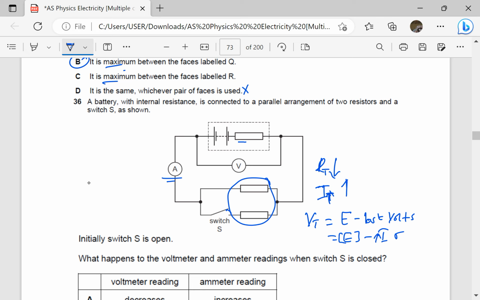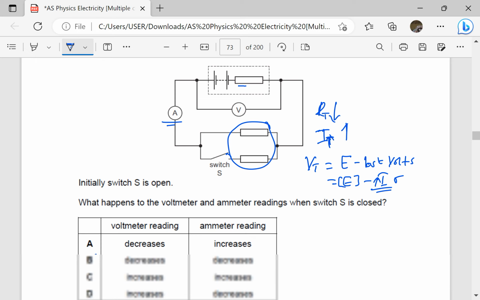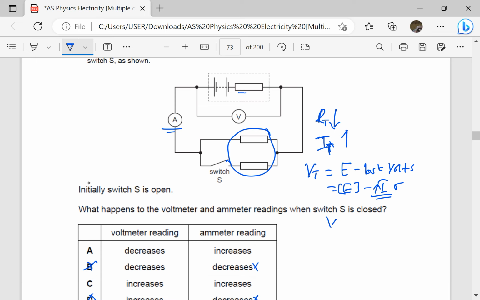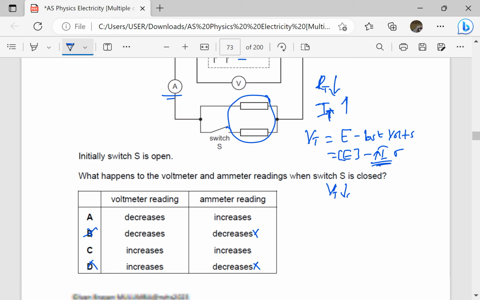Current has increased, so the lost volts have increased, terminal PD decreases, which means the voltmeter reading must decrease. Therefore, the voltmeter reading or terminal PD decreases because the lost volts increase. So the answer is going to be A.